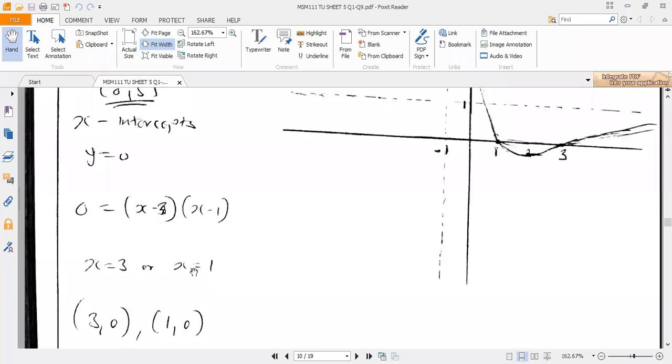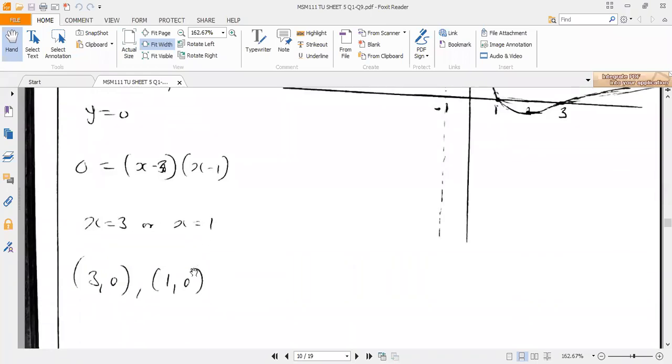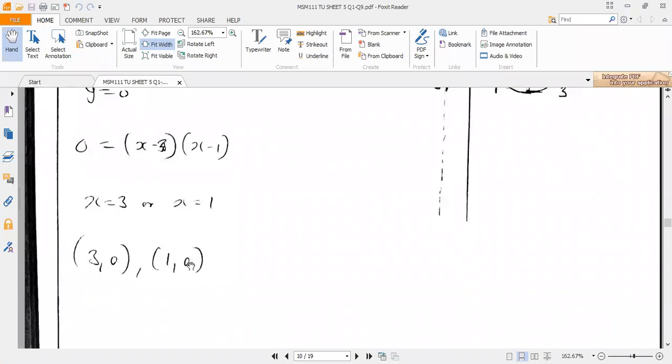At these two points, y will always be equal to 0. So we have (3, 0) and (1, 0).